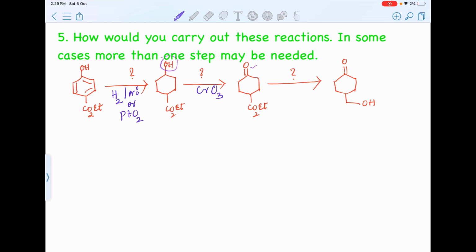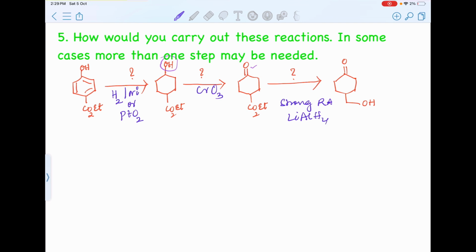And in the next step, the ester is reduced to the alcohol. So reduction of esters to the alcohols needs a very strong reducing agent. So here lithium aluminum hydride is employed in this reaction.